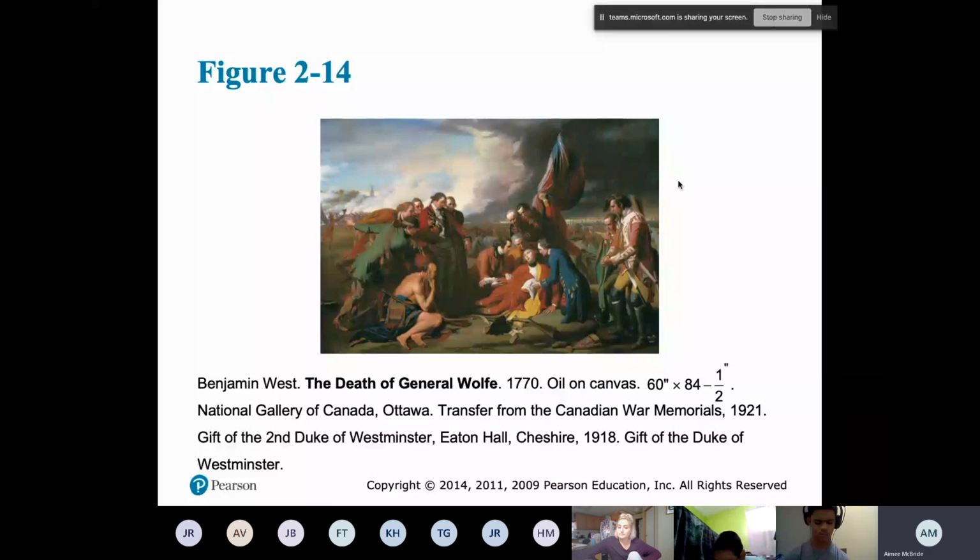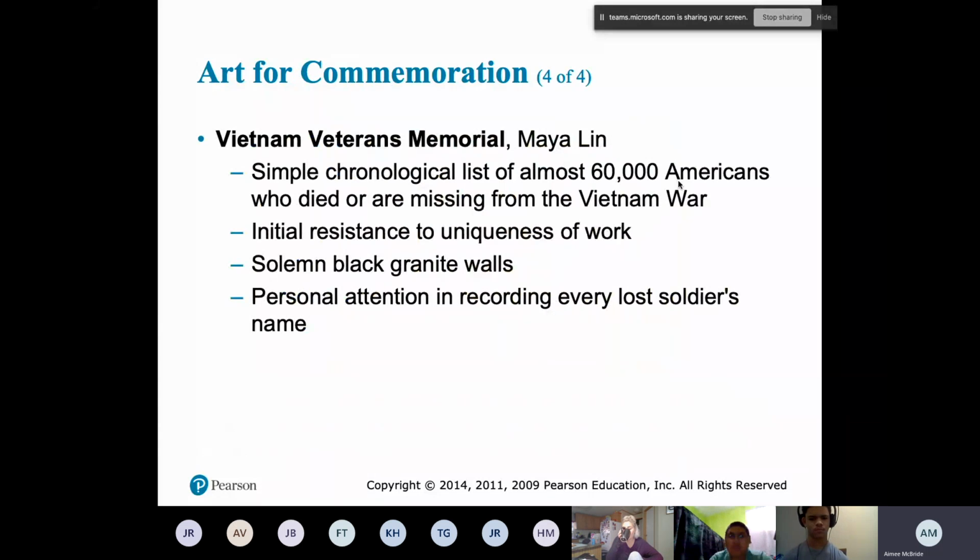The next one is a more recent version of commemorating war heroes, and that is the Vietnam Veterans Memorial by Maya Lin. Normally in US history, when there is a war fought, we do make memorials. However, normally those memorials show people in very heroic stances mid-battle, looking strong and courageous.